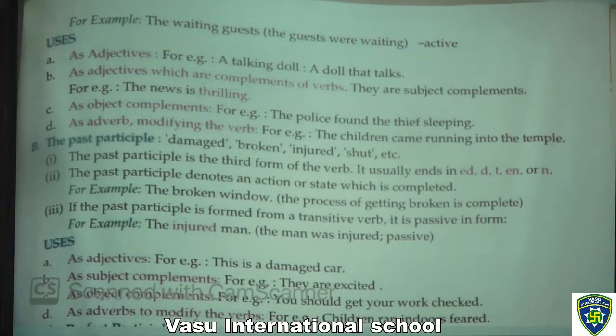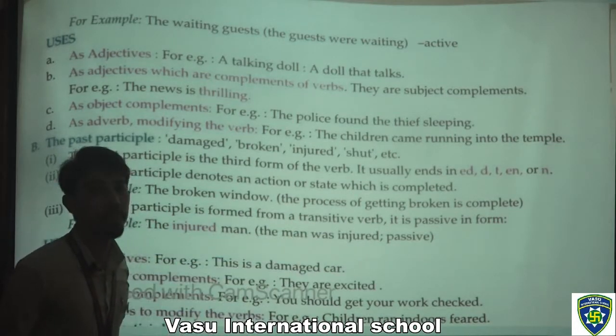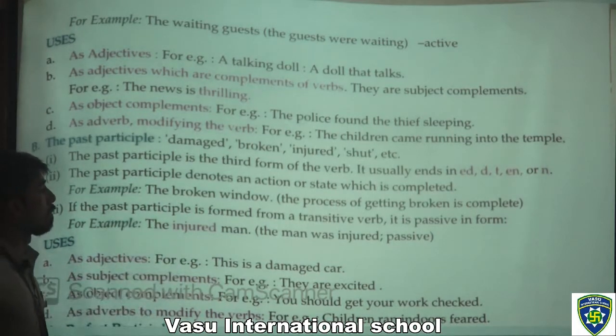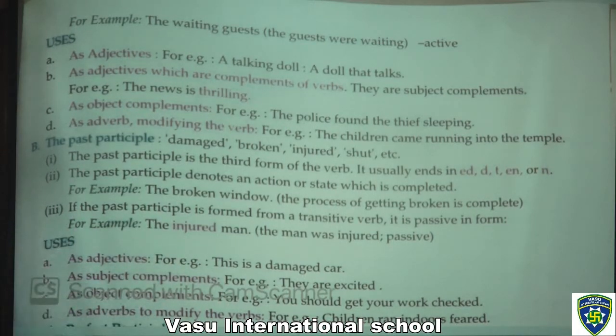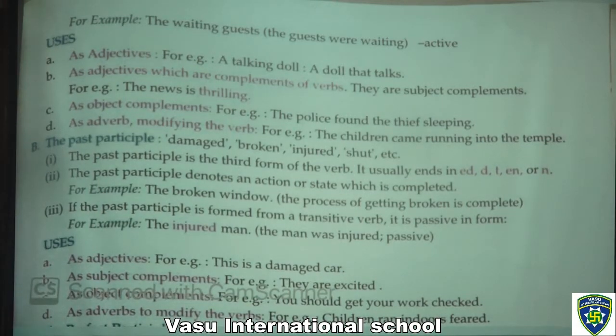If the past participle is formed from a transitive verb, it is passive in form. For example, the injured man. Now the man was injured. Now that is passive. Now what are the uses of this? As adjectives, for example, this is a damaged car. Like how it is damaged, we don't know that.